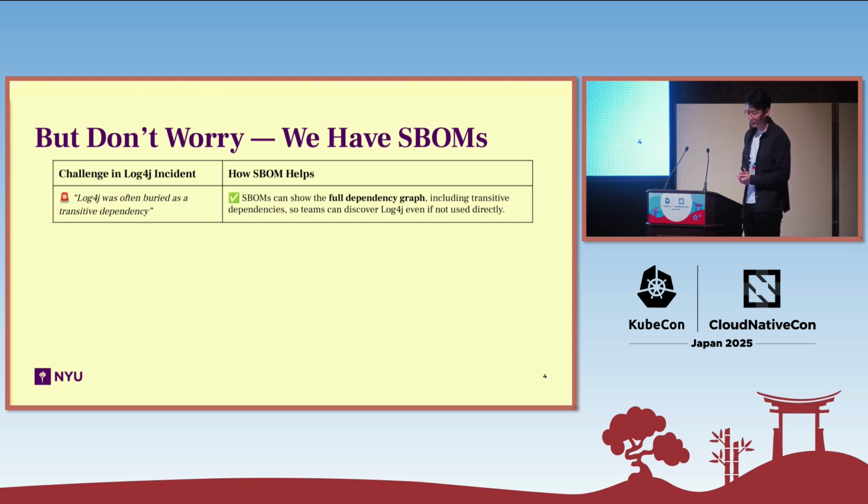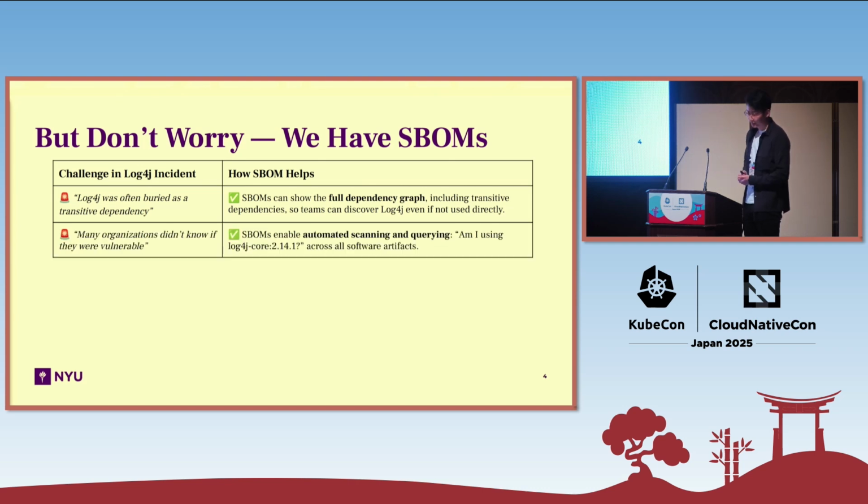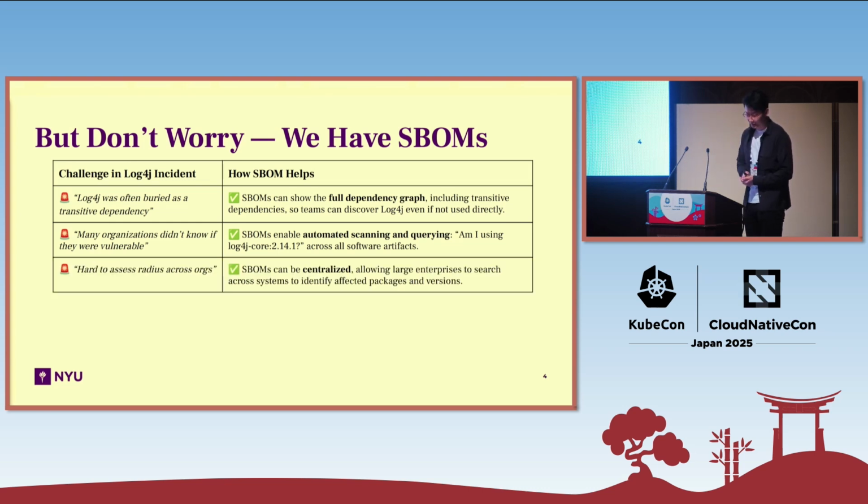A proper SBOM can map the full dependency graph, not just what you explicitly declared, but all transitive relationships, so you can detect hidden vulnerabilities. Second, many organizations didn't even know if they were vulnerable. SBOMs enable automated scanning and querying. You can run a query like, do I have Log4j anywhere across all my software assets, and get an answer immediately. And third, assessing blast radius was a nightmare.